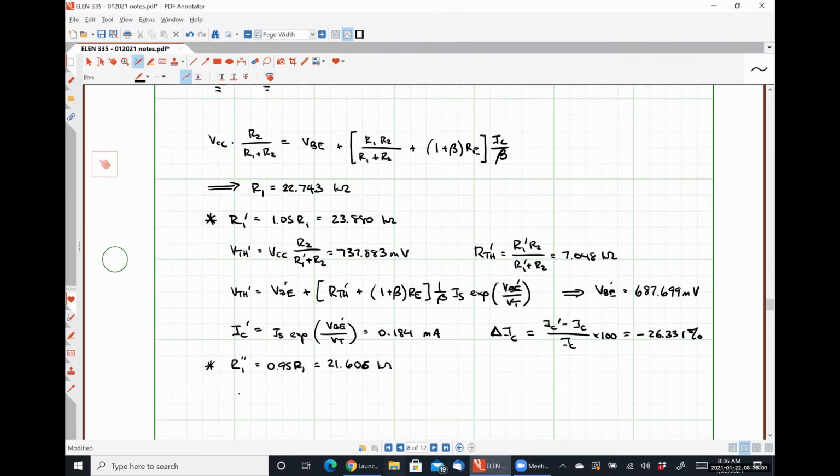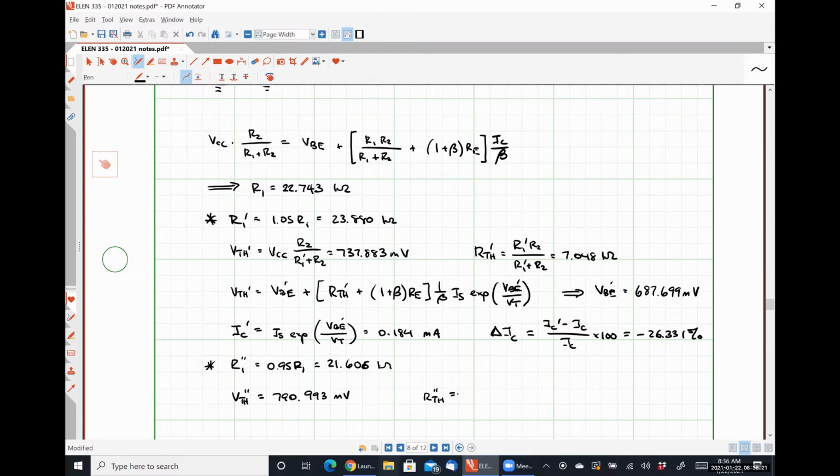From this, V Thevenin double prime is 790.993 millivolts, using the exact same equations as above.